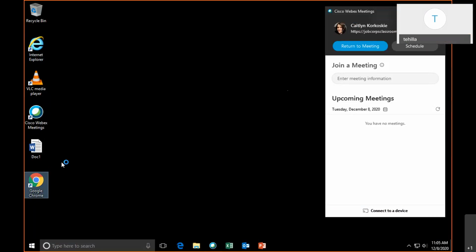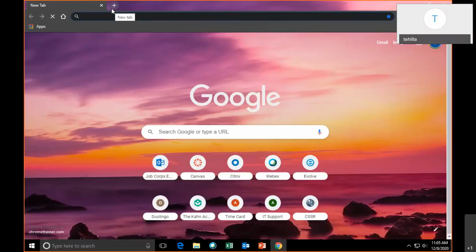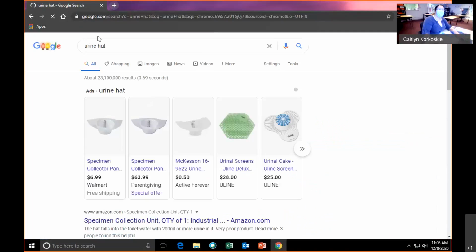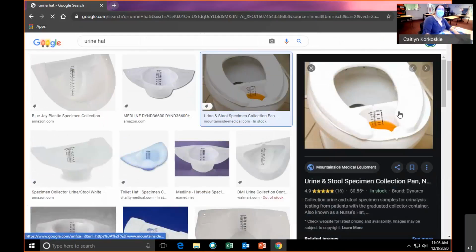It's a thing you put in your toilet, towards the back, so that you are collecting the stool. I'm just going to say it's a urine hat, because it's the same thing. Instead of putting it in the front here, they would put it in the back part here, so they're collecting their stool instead.